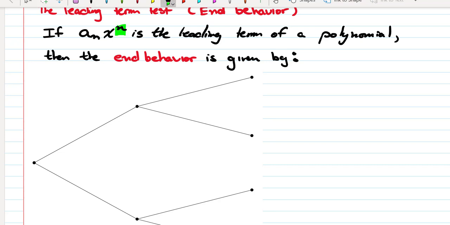So we have our n, or our degree, and that's going to be broken down into two cases. N is even, or n is odd. And then the next thing that we're going to be concerned with is if a sub n is positive or negative. So if a sub n is bigger than 0, or if a sub n is less than 0.